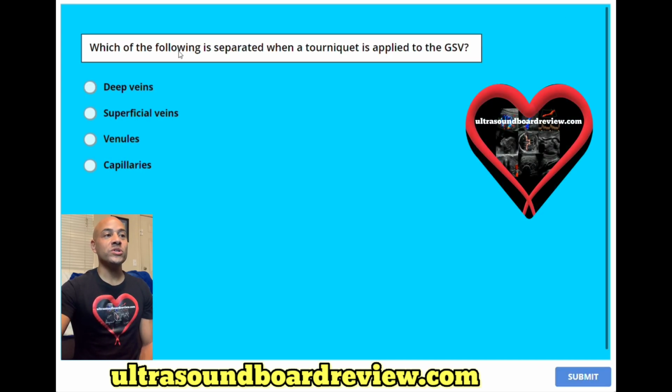Question 89. Which of the following is separated when a tourniquet is applied to the greater saphenous vein? A, deep veins, B, superficial veins, C, venules, or D, capillaries?